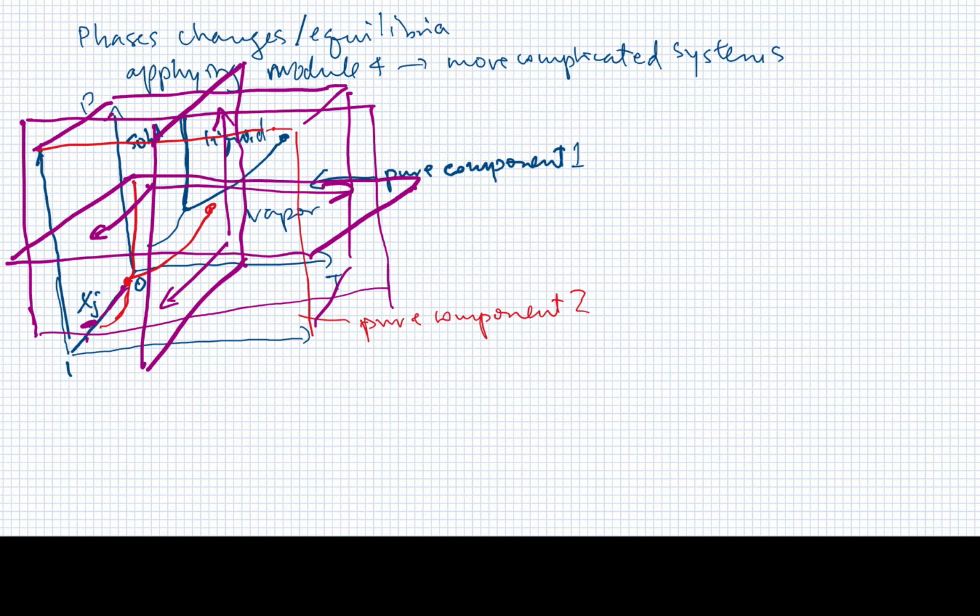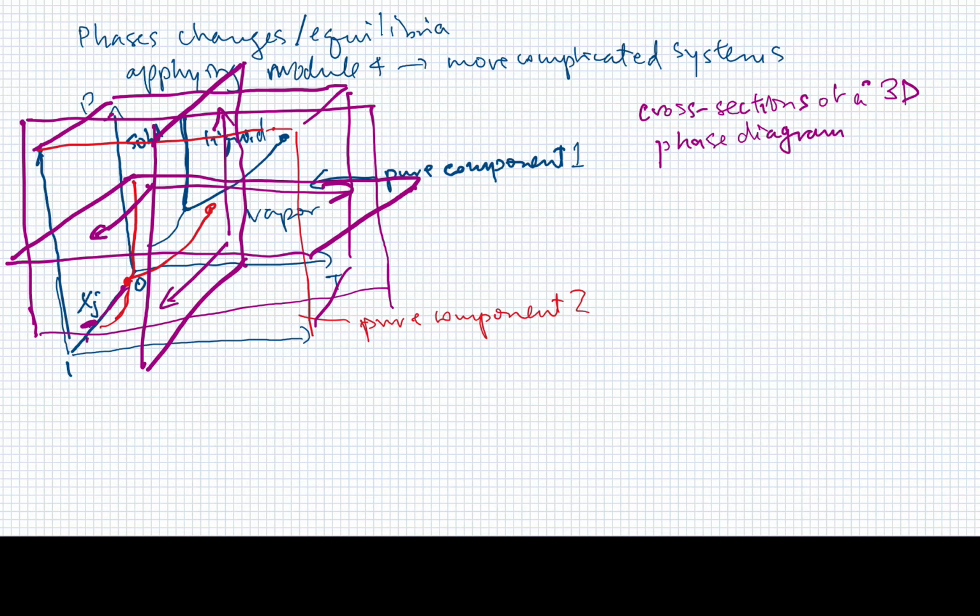So I've made a real mess of this picture, but you get the idea that what we're going to look at is cross sections of a much more complicated phase diagram. I'll call it a three-dimensional phase diagram whenever we have more than one component. And that's the only way that we'll be able to get a handle on what is actually going on with the phase changes in a solution.